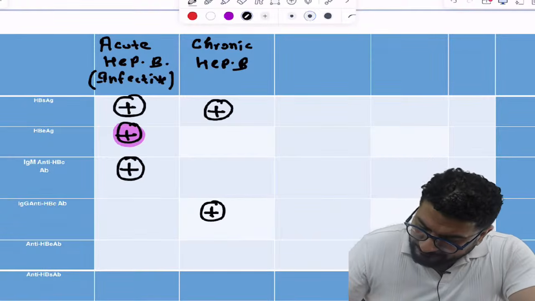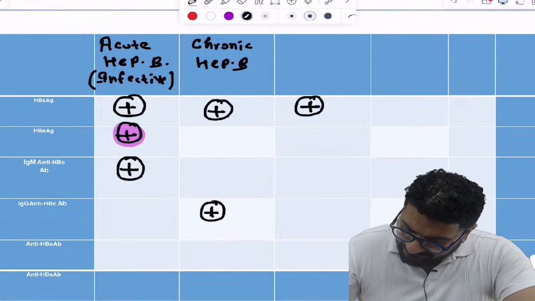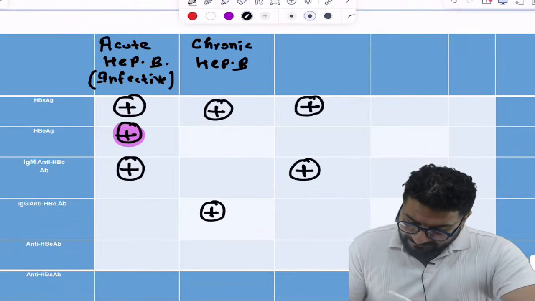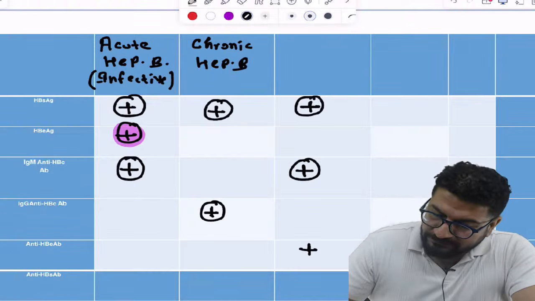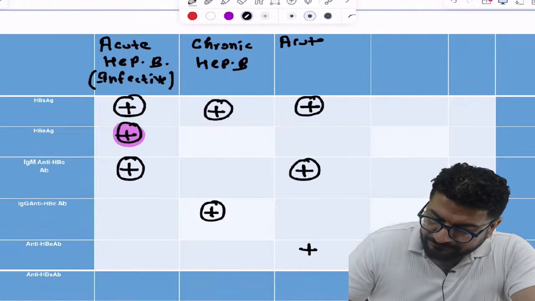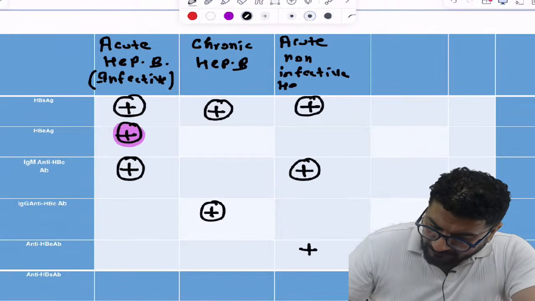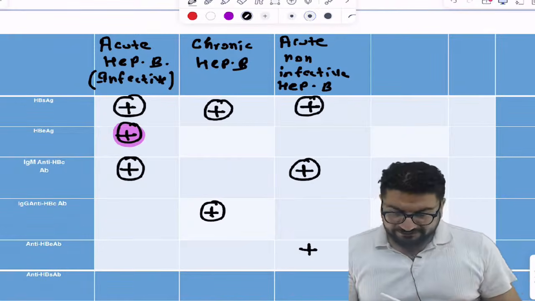Suppose अगर मैं ऐसे लिख दूं HBs antigen positive, IgM is positive, HBe antigen की जगह if I say anti-HBe is positive, now what will you call this? You will call this acute non-infective hepatitis B, because it is no longer dividing.